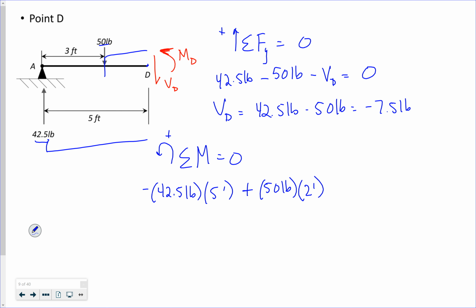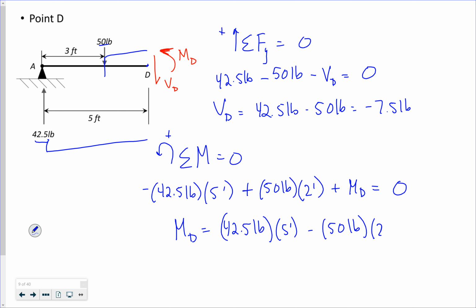And then I have my positive moment at D. If I solve for moment at D, I get 42.5 pounds times 5 feet minus 50 pounds times 2 feet.